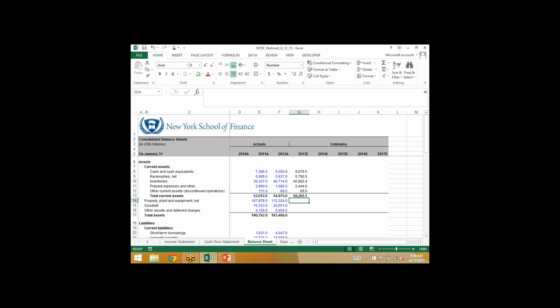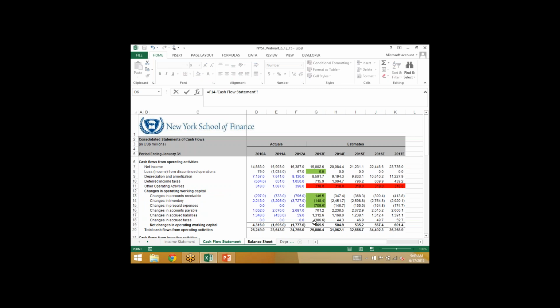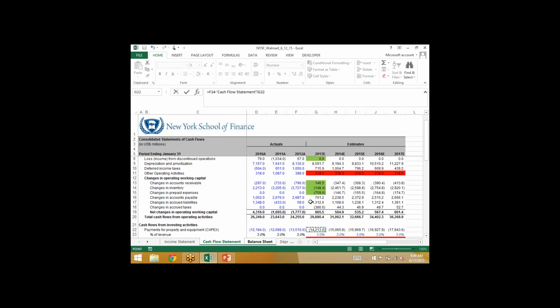So what cash flow statement line items drive our PP&E? CapEx and depreciation. Minus, minus. Always a minus for the assets. So this is going to be equal to the year before minus CapEx. Minus CapEx will bring it up, right? Minus the minus. So minus CapEx will bring this up by CapEx. Minus depreciation will bring it down by depreciation.